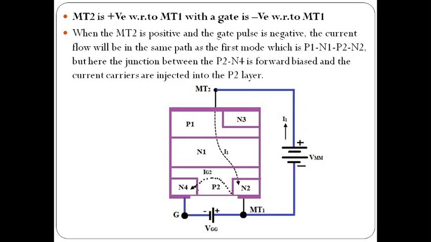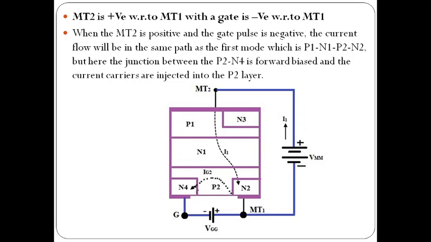The P1 N1 junction becomes forward biased and the N1 P2 junction becomes reverse biased. Due to the N1 P2 reverse bias, the P2 N2 junction becomes forward biased. Again, the current flowing in this circuit will be P1 to N1, N1 to P2, P2 to N2.